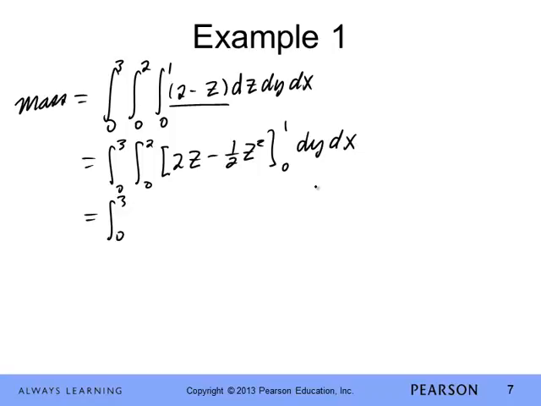Now you plug in 1 for z and plug in 0 for z. Of course, when you plug 0 in for z, you don't get anything. When you plug in 1 for z, you're going to get 2 minus 1/2, which is 3/2. And then you integrate with respect to y, and you're going to get 3/2 y, evaluated from 0 to 2, which gives you 3/2 times 2, which is 3.